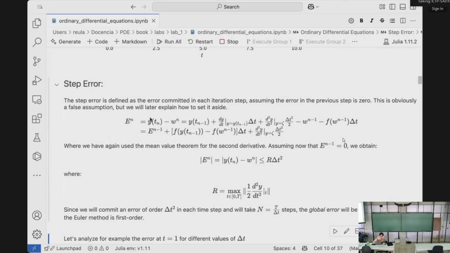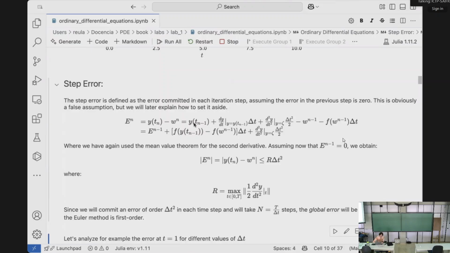So right now I am doing some small Taylor expansion here, right? So I have the error at step n is equal to y at the step n, the exact solution, minus w at n, right? And here I can do some Taylor expansion of the solution, the exact solution, based on the previous step, right?